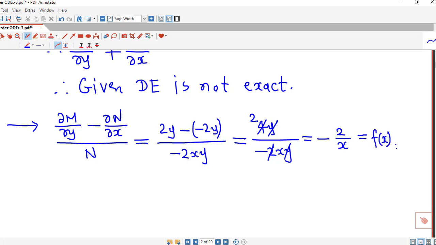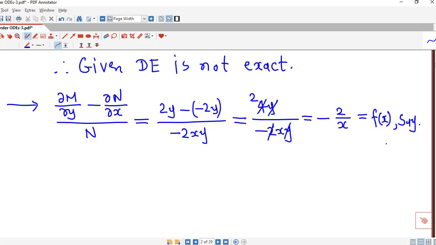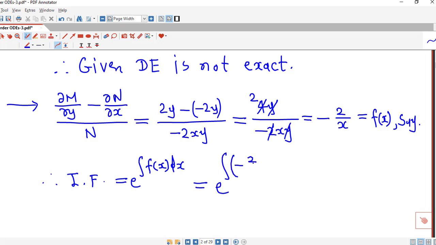equal to say f(x). So if this quantity is a function of x, then we will remember that integrating factor is given by e to the power integral of function of x dx. So f(x) is minus 2 by x dx.